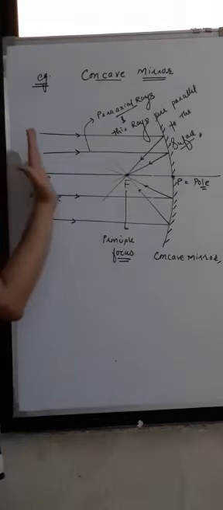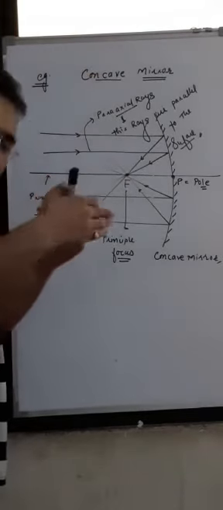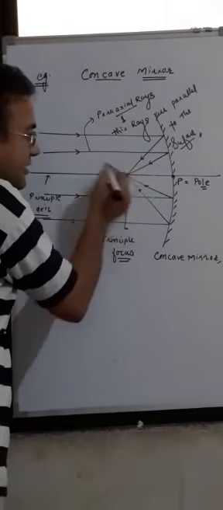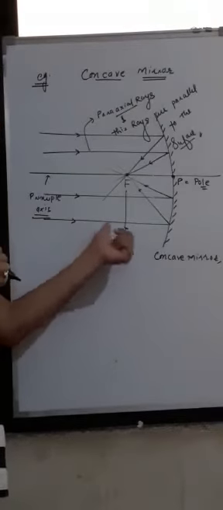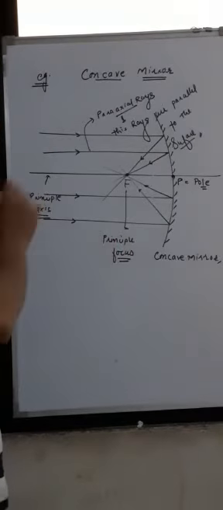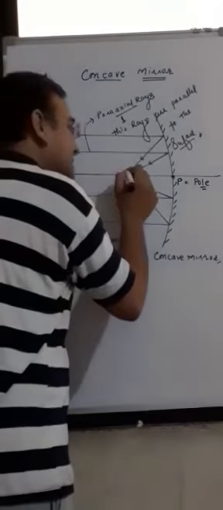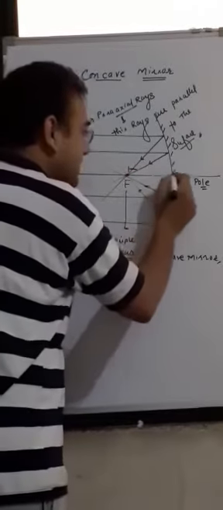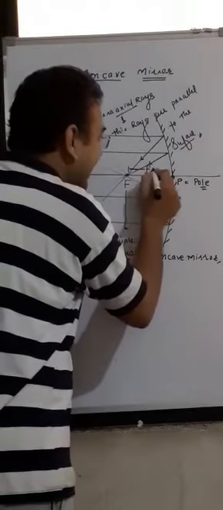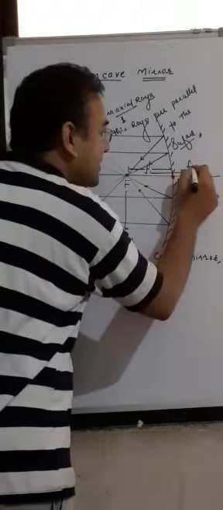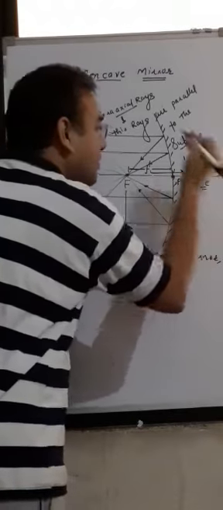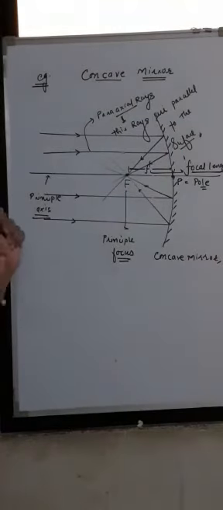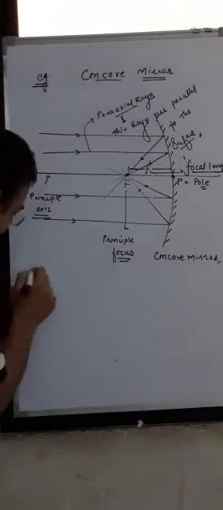When all para-axial rays are incident on the surface, they converge and meet at a point on the principal axis. This point is called the principal focus. The distance between the principal focus and pole is known as small f, the focal length. So let's start with the terms.